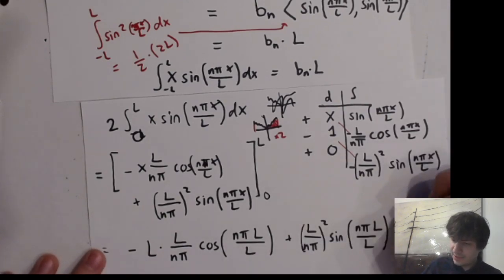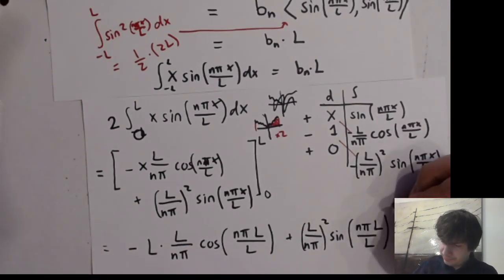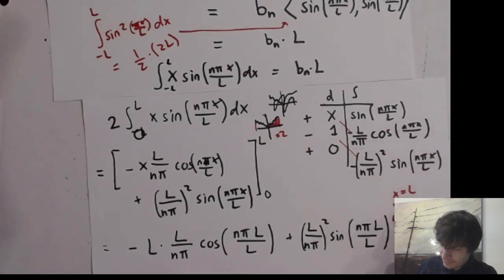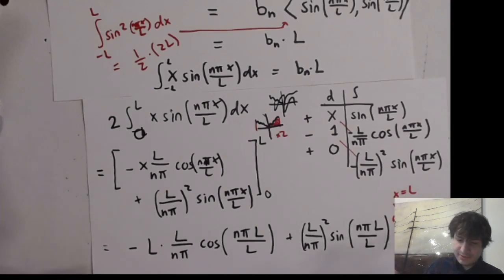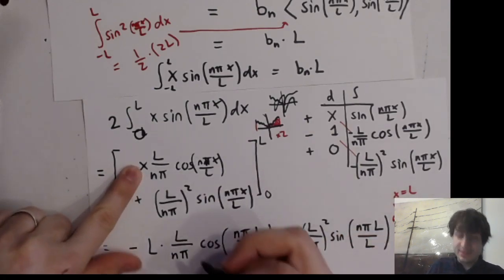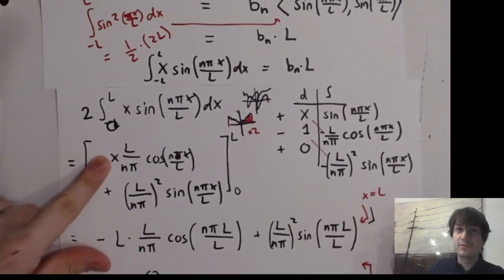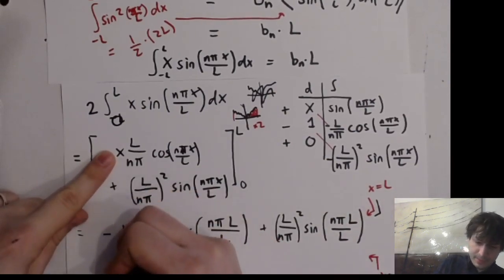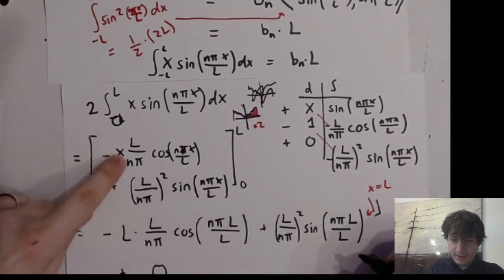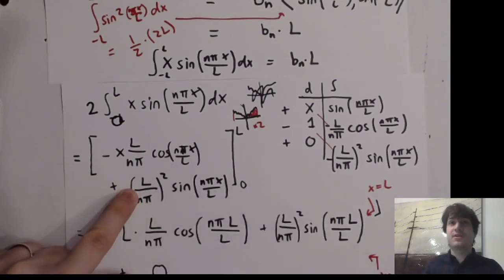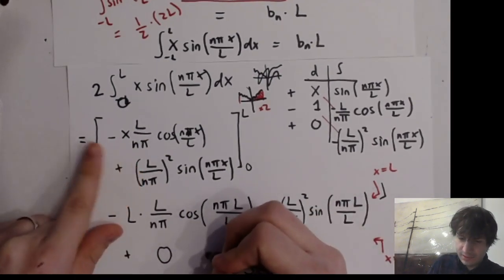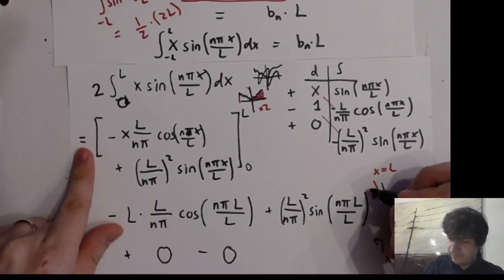So I plugged in x equals L. This is plugging in x equals 0. When you plug in x equals 0, on this term there's an x, so that just gives you a 0. And over here you have a sine of 0, which is also 0. So sine of 0 minus 0.